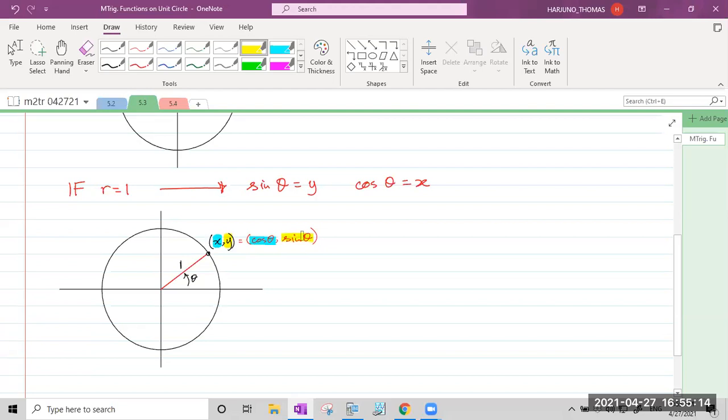What I mean is this: take a look at this coordinate here. This is coordinate 1, 0, right? That corresponds to angle 0. So we know right away this is equal to cosine 0 degrees, comma, sine 0 degrees. Therefore, cosine 0 degrees is 1, sine 0 degrees is 0. Boom, that's it.